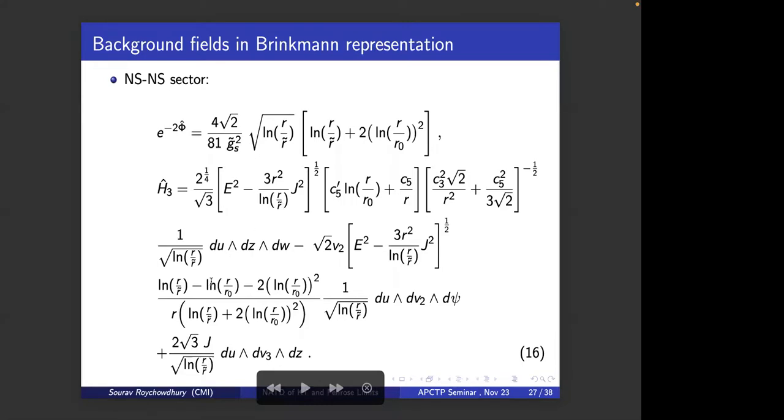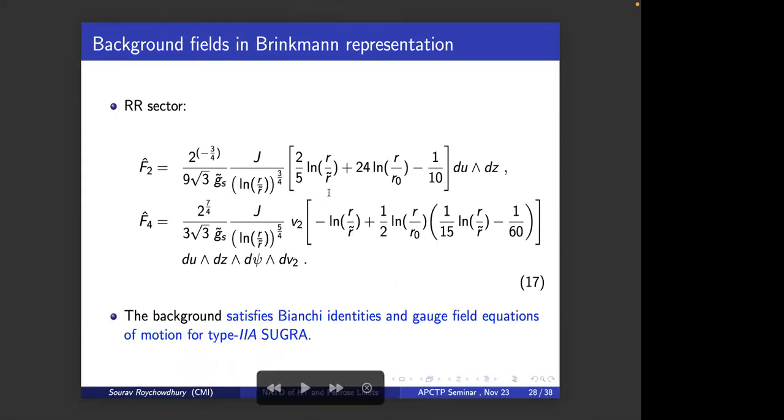However, you can see that the H3 has a leg along the U direction, so it is a null flux, and it is indeed true because we know from the Blau construction that in the pp-wave limit all the matter fields or all the fluxes are null fluxes, meaning for any p-form flux you have, Fp squared equals 0.